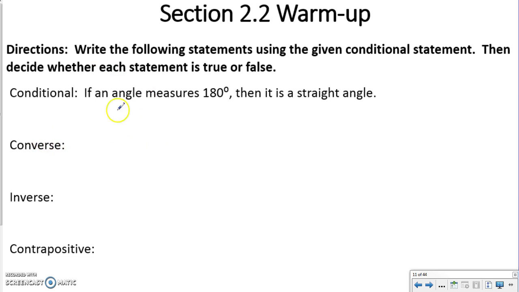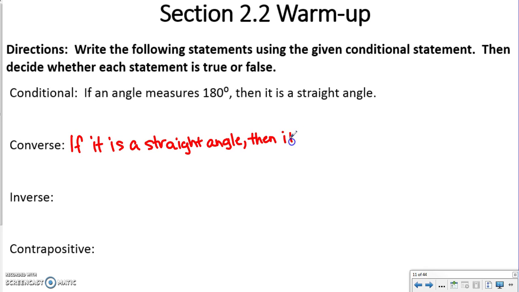So remember, converse is when you take the hypothesis, which in this sentence is an angle measures 180 degrees, and switch it with the conclusion, which in this statement is it is a straight angle. So you should have something that says if it is a straight angle, then it measures 180 degrees.